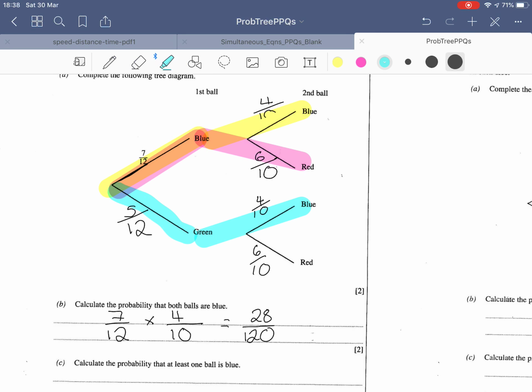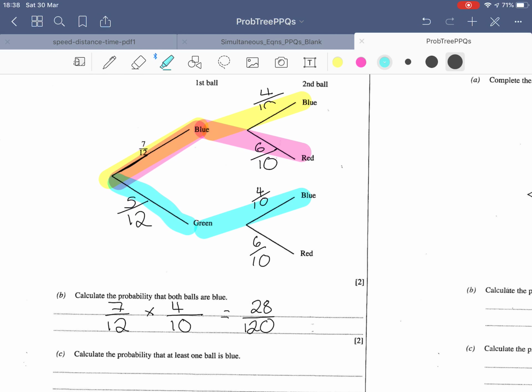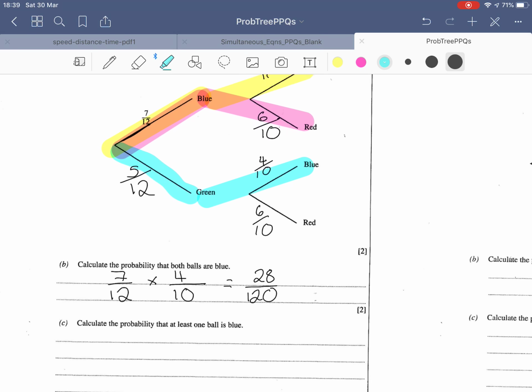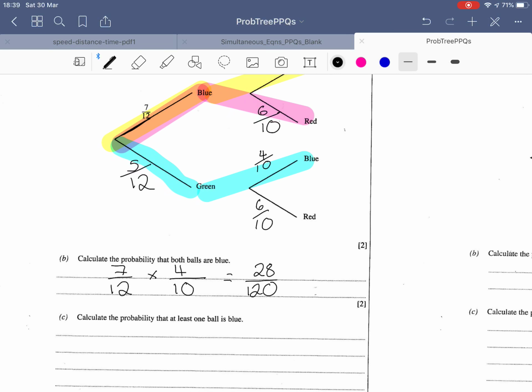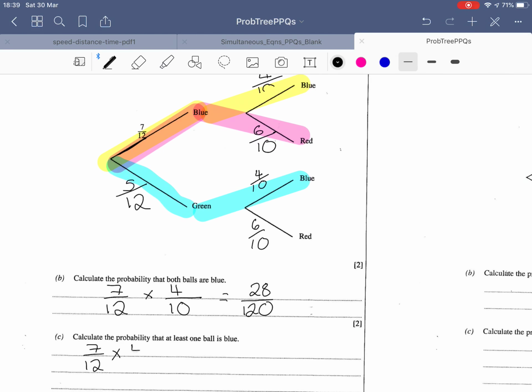So that's all 3 there, so we can do all 3 and then add them all up. There is another way to do this one, I'll tell you at the end. So we can do blue, 7 out of 12, and a blue, because we want at least 1. That could mean 2. So we just did that one, which was 28 out of 120.